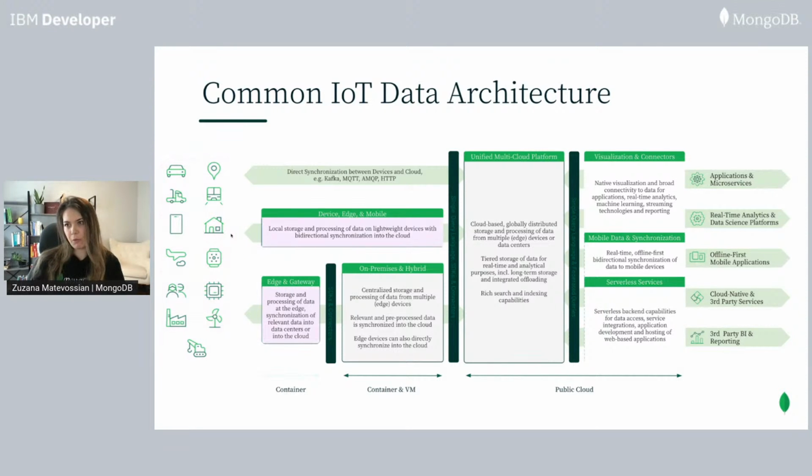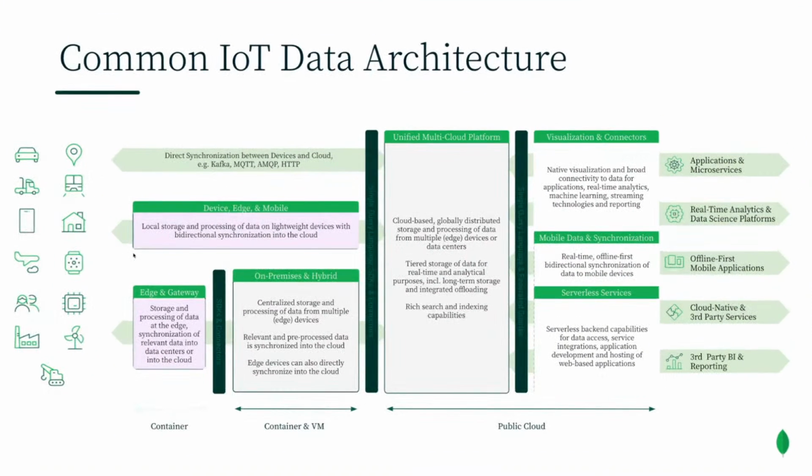And when that data is coming into your traditional or typical IoT architectures, it goes through edge and gateway, and device and mobile. So all of the data is in some way at the edge right there.